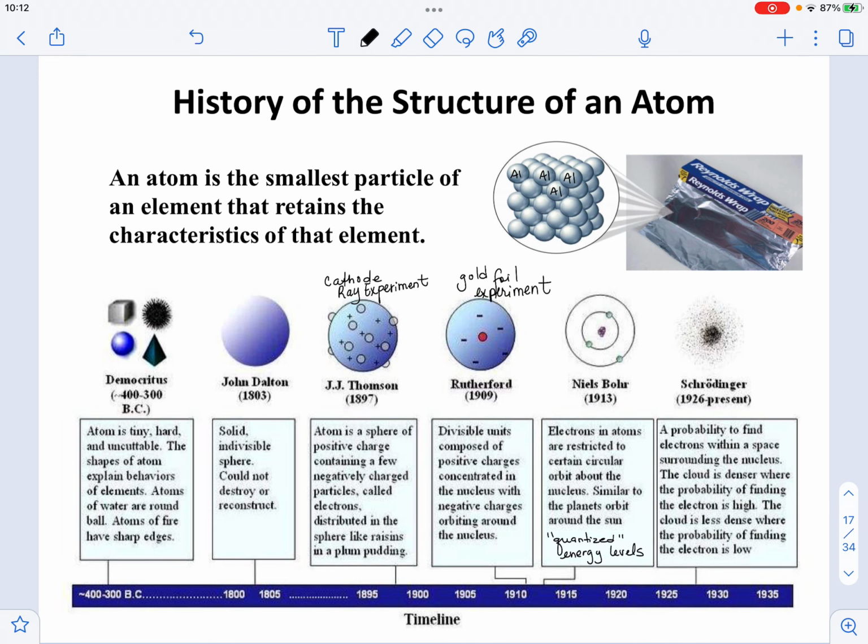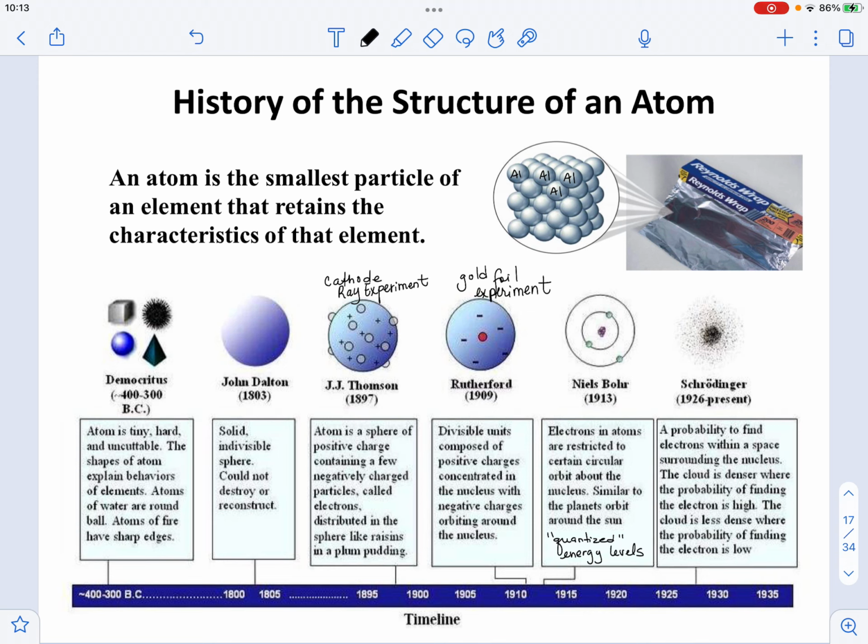So then in 1926, Schrödinger revamped the whole idea of the location of the electrons, introduced brand new mathematical equations, and created what we call probability clouds. These probability clouds are so good that they are still the model we use to date to understand the location of electrons.